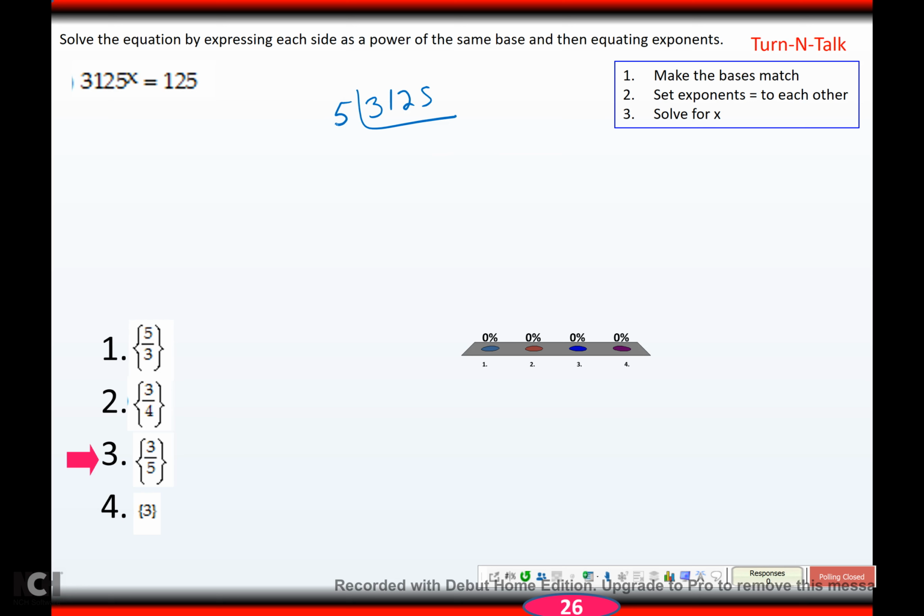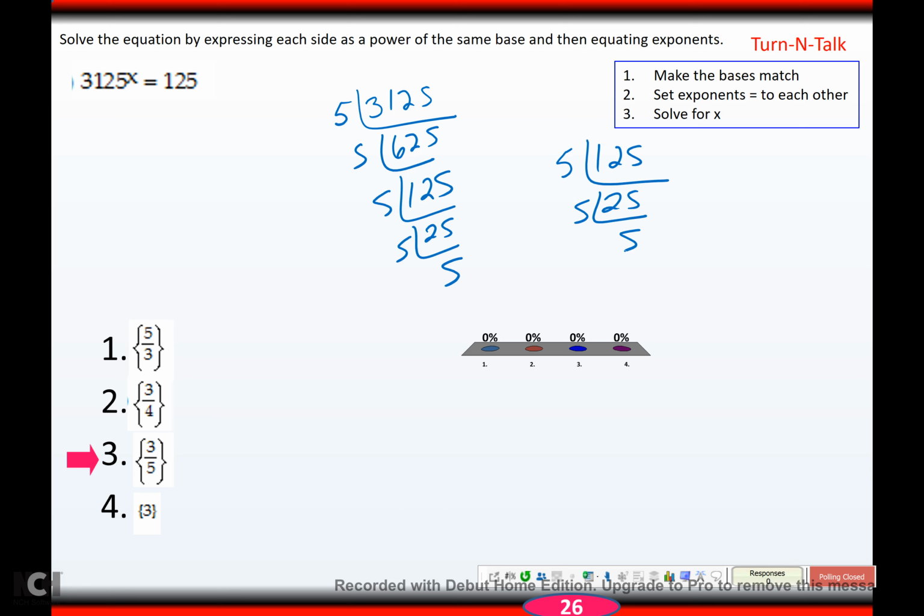So 3125 divided by 5, 625 divided by 5 is 125, divided by 5 is 25, divided by 5 is 5. If I break 125 down, by 5 is 25, by 5 is 5.